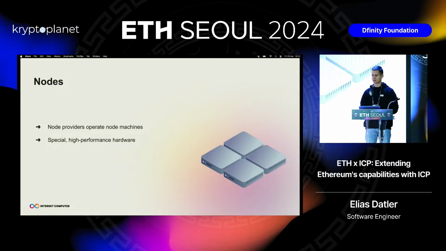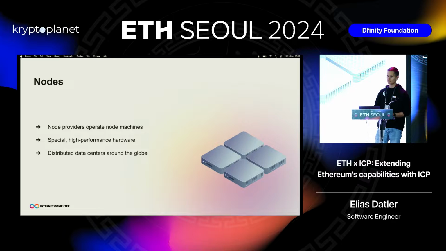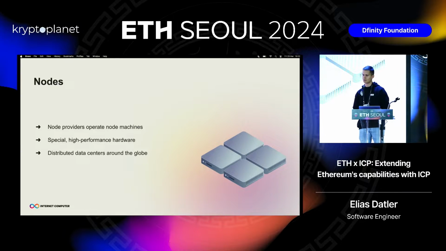Those would be just too slow. Those node providers operate from different data centers around the globe, and we really make sure that those are independent ones and they don't belong to big tech, so that it's really resilient to some nodes going down and to have the redundancy around the globe.